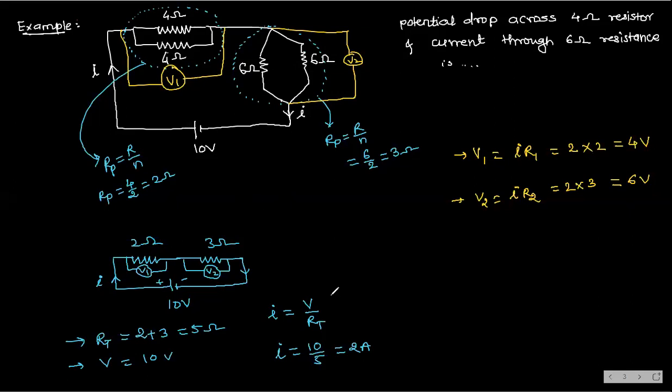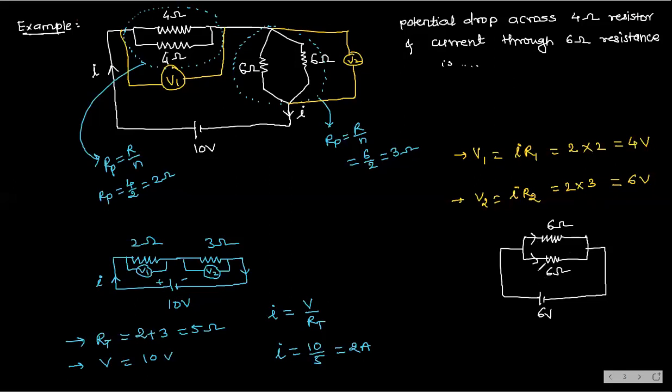Now what he is asking again is the current through the 6 ohm resistor. See, as I said, just draw these two resistors, this one is 6 ohm and this one is 6 ohm, and the battery potential we take is V2, which is 6 volt, so that it is easy to calculate the current.